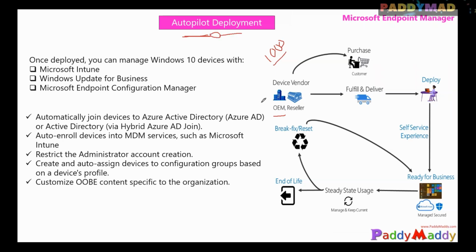So you need to check with your OEM vendor or a partner or your reseller to get this 1000 devices' hardware hash. Okay, I'm just extending the technology a little bit, increasing the concepts also. So here something called a hardware hash will be there. What is the hardware hash? It's a unique thing for every machine. The value will be unique.